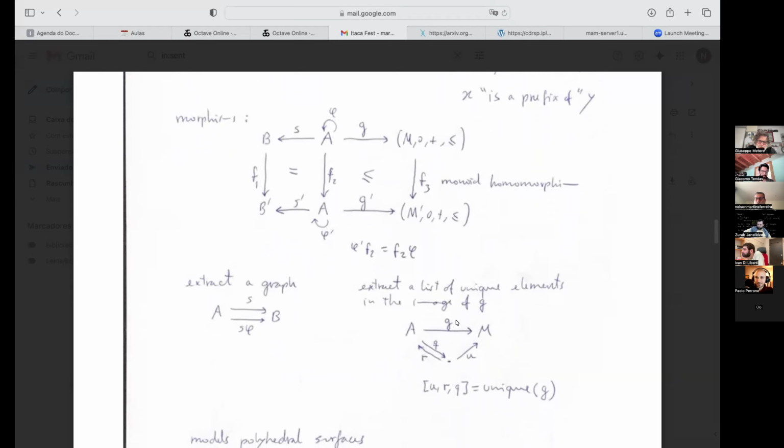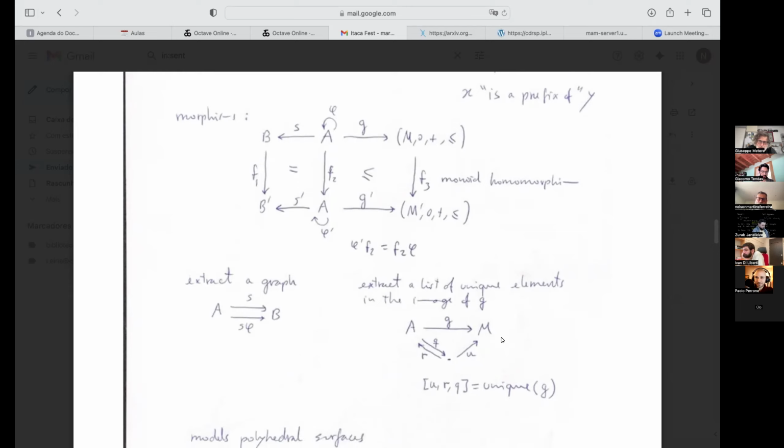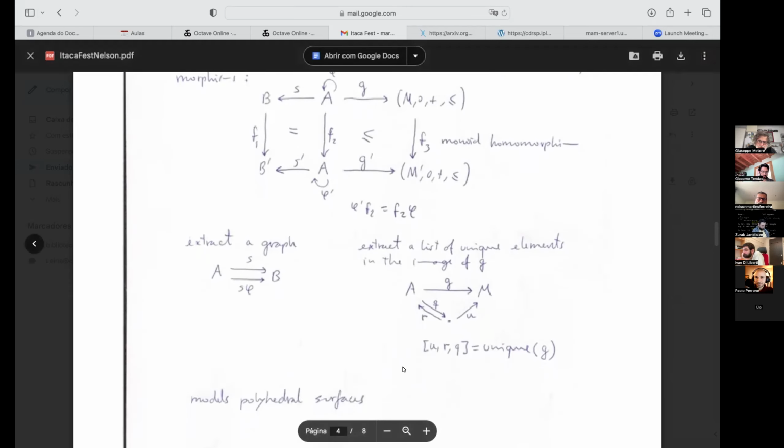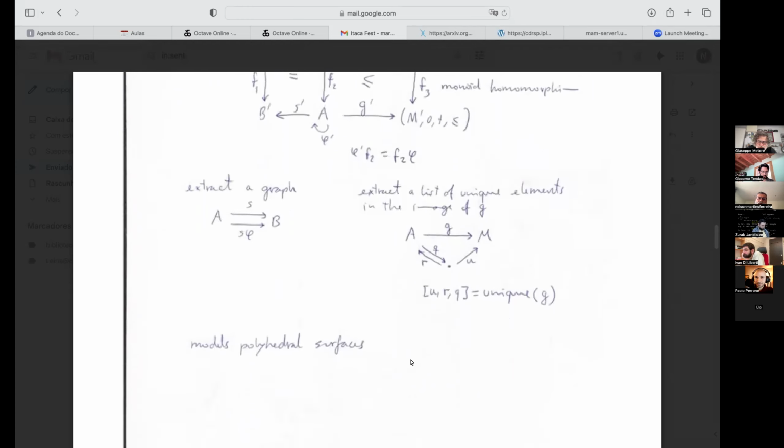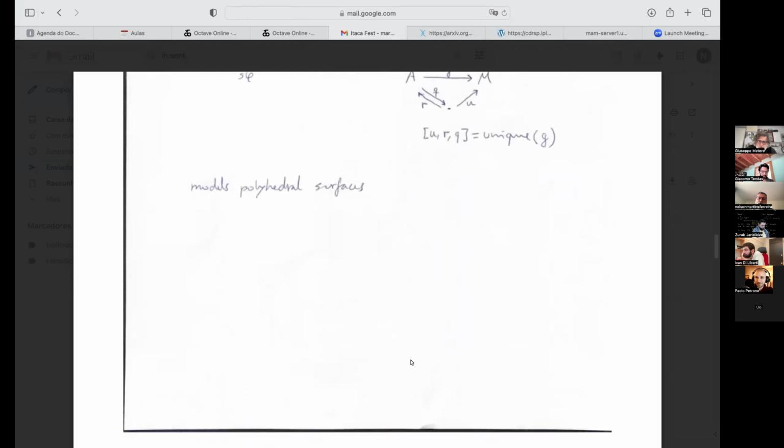So namely, we look at the map G, so the set is in the image of G, and this is really recovered by taking the unique elements in the image of G by this unique morphism, as I've shown before. And it also models polyhedral surfaces, as I've said before. All right, so let us continue.